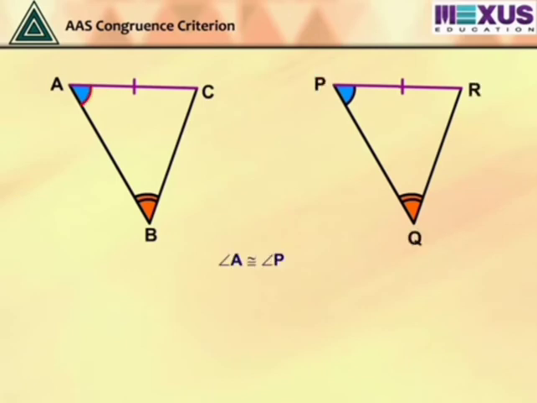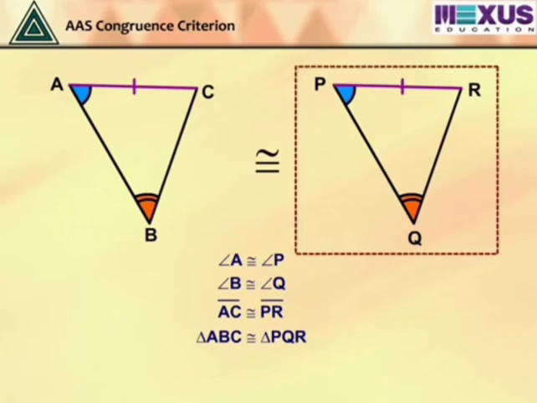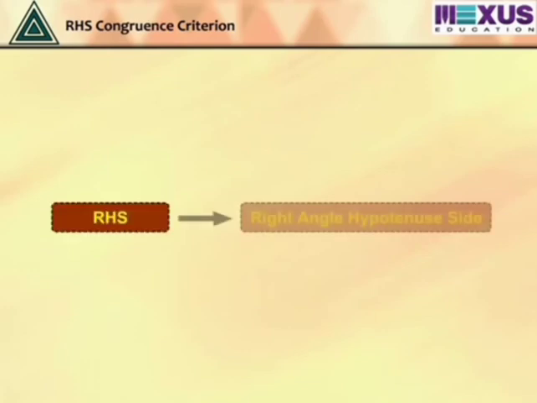Angle A equals angle P, angle B equals angle Q, and AC equals PR. By AAS congruence you can say these two triangles are congruent. ABC is congruent to triangle PQR. See, three measures are given, then you can identify the congruence.